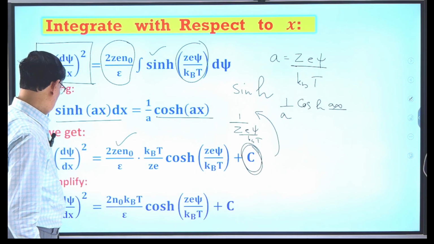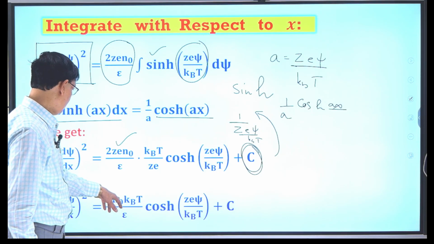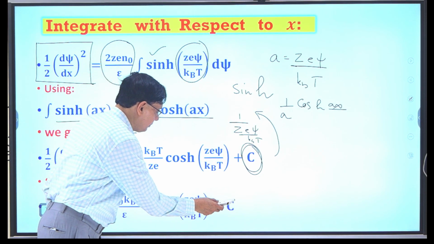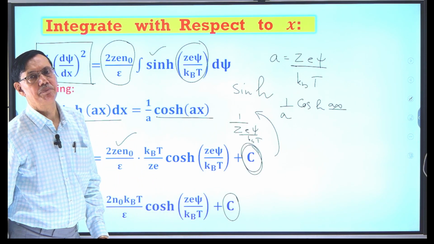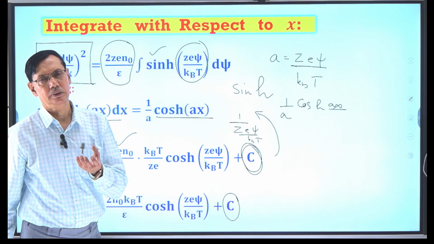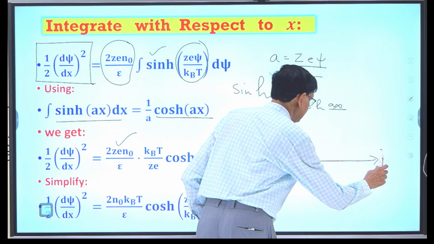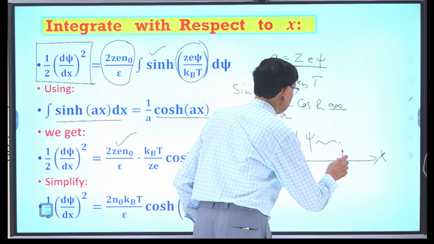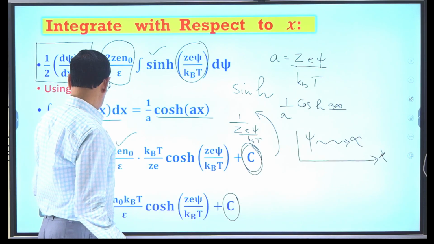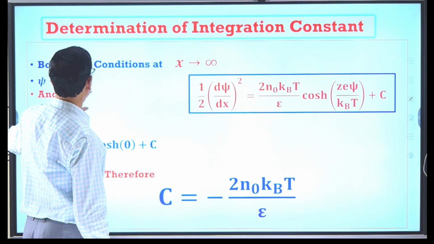So what I am getting half del square dψ dx square is equal to 2 n0 kbt epsilon cos h zeψ by kbt plus c. तो अब जानते हैं कि अब इंटीग्रेशन जब हम करते हैं there is the integration constant, so determination of that integration constant and how we integrate it. So that is called the boundary condition.